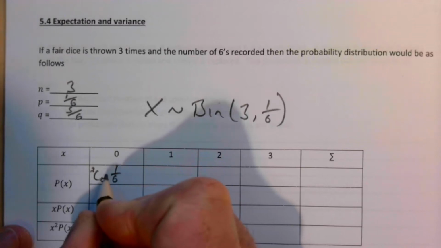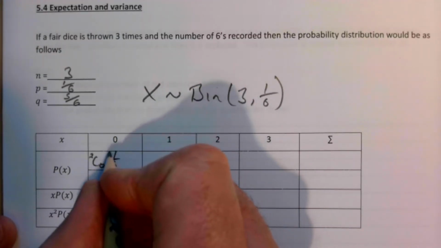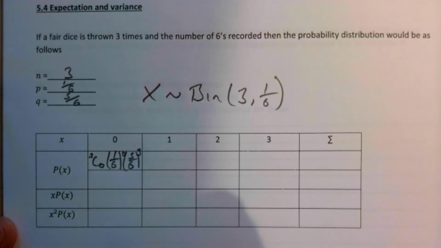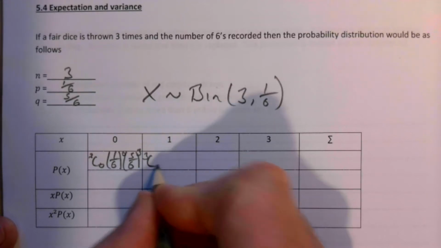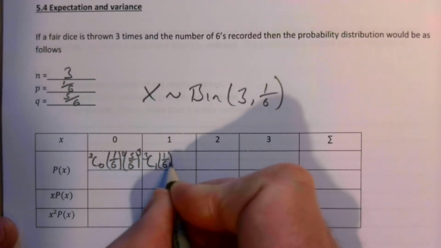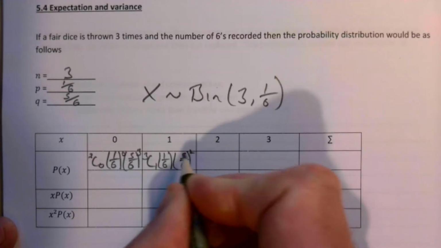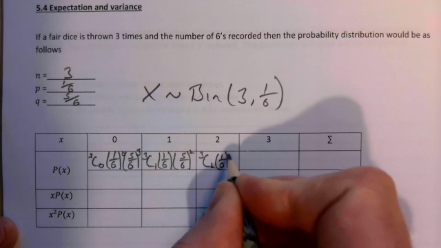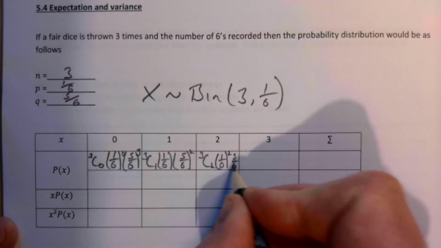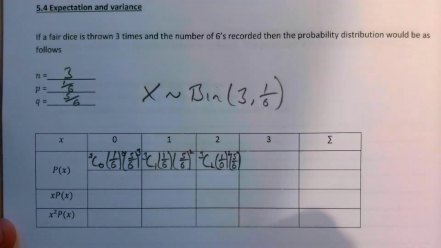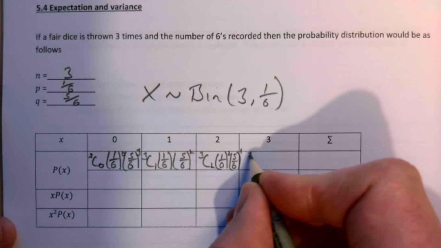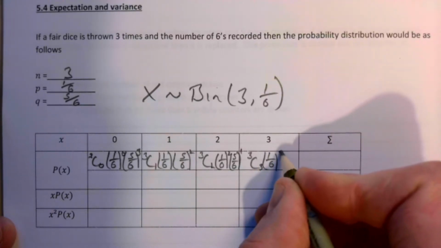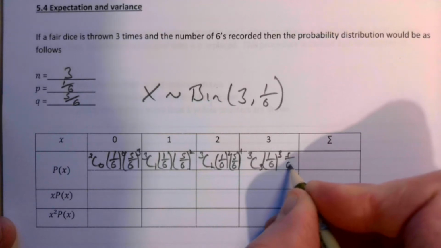3C0, a 6th to the power of 0, 5/6 to the power of 3, 3C1, a 6th, 5/6 to the power of 2, 3C2, a 6th squared, this one's smaller, 5/6 to the power of 1 if you wish, and then 3C3, a 6th cubed, 5/6 to the power of 0.